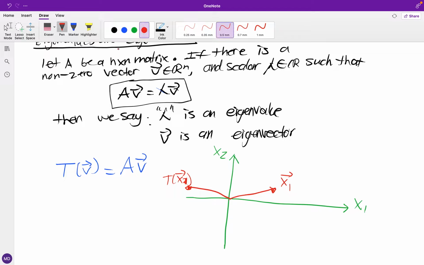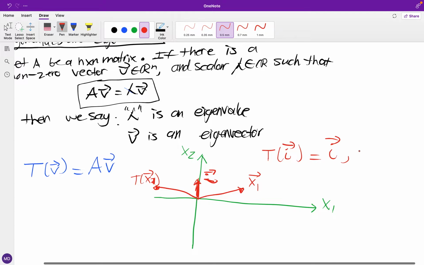Now, let's think though, what if we start with the vector here? Let's give it a name. I'll just call it the vector I. So if we take this vector here and we try and reflect in the y-axis, it stays on the same line. In other words, it's not changed. So we'd say here, the vector I, probably a weird notation, T of I is equal to I in this case.